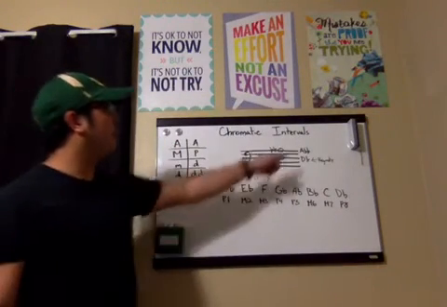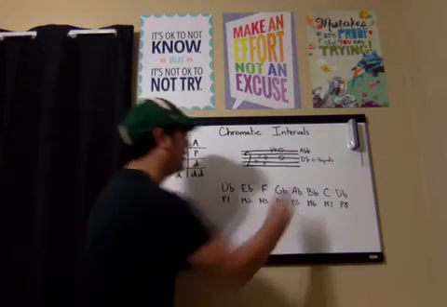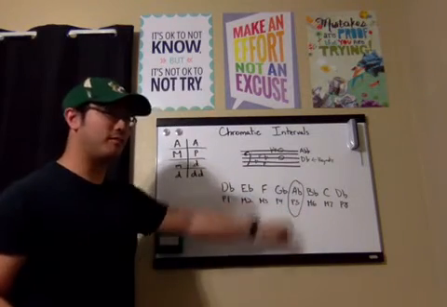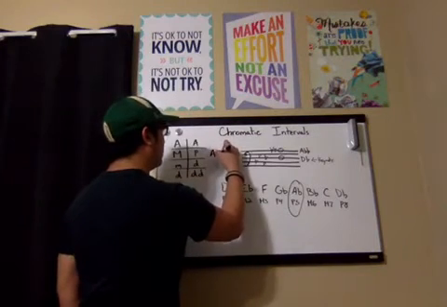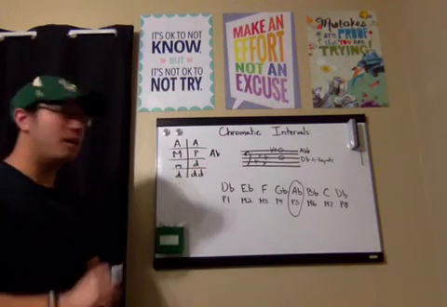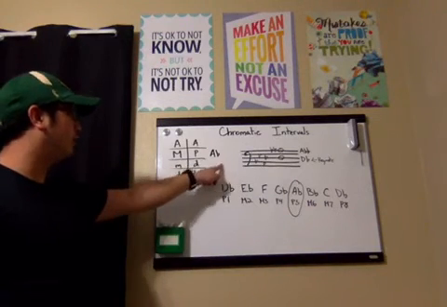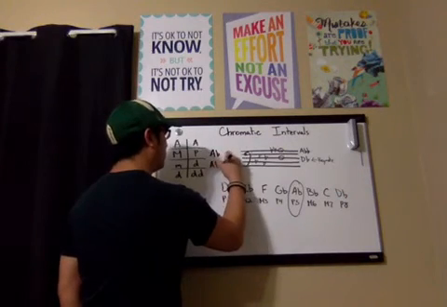Here we go. The closest letter to A double flat is A flat. So we are working with the perfect fifth. We start with the perfect fifth, and it's supposed to be A flat. But because we're going down a half step again, A double flat is going to be here.